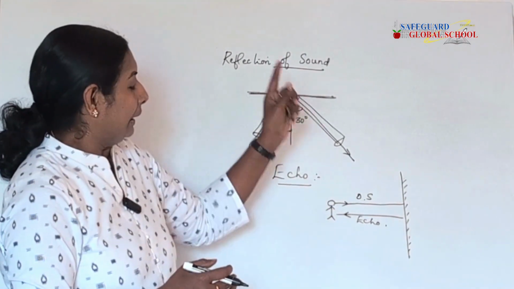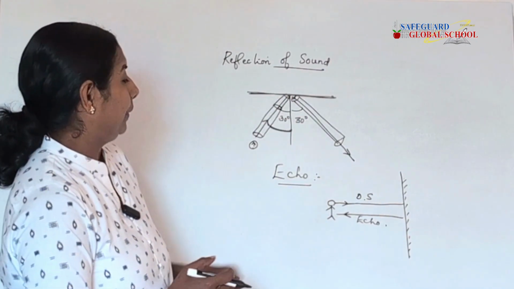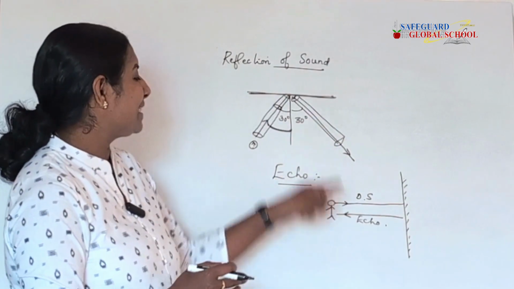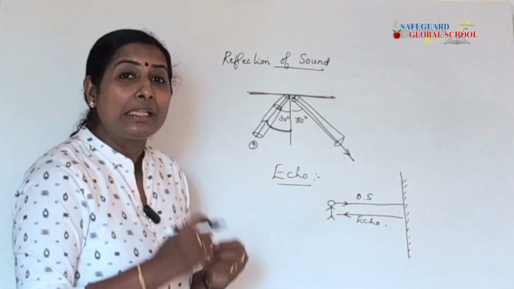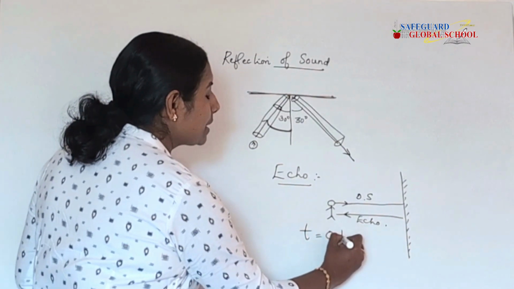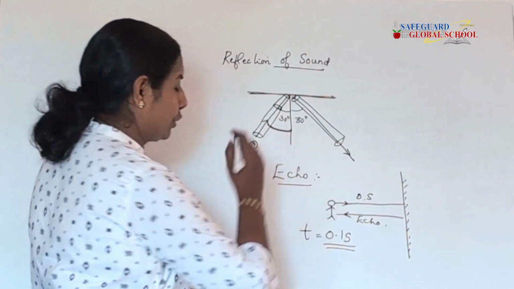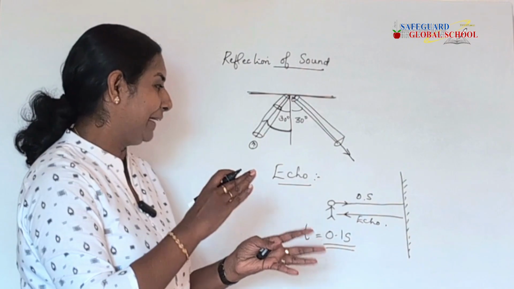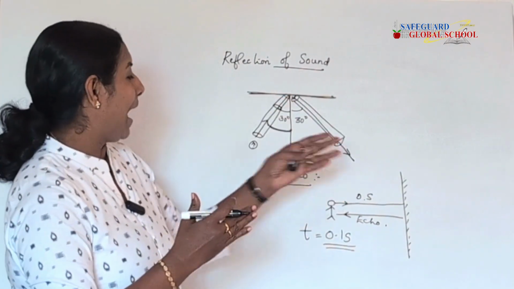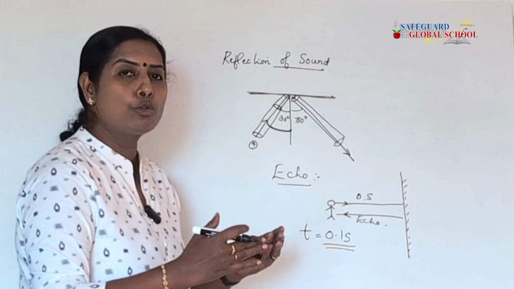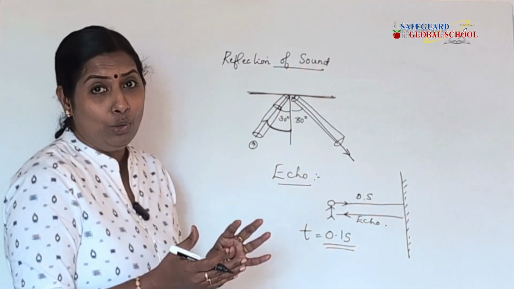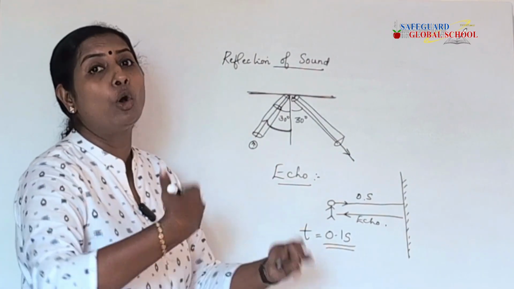So the first feature to hear a distinct echo is that there should be a time lapse equal to 0.1 second, or there must be a time difference between the original sound and the echo, which is equal to 0.1 second to hear a distinct echo, or to distinguish the echo from the original sound.